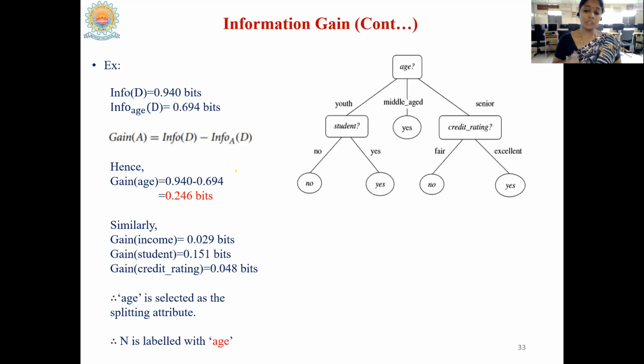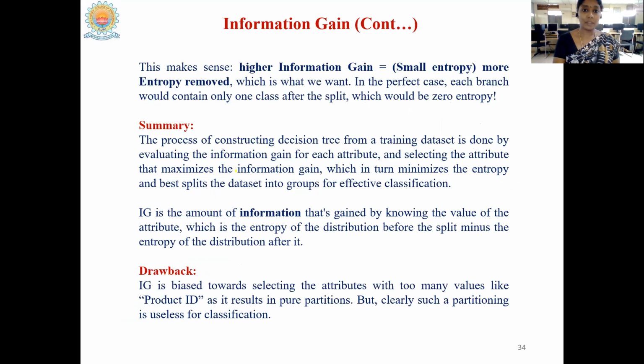Like this, we need to grow the tree. This is the process of decision tree induction. If they ask for decision tree induction, you need to write the algorithm, explain it, and mention the measures. If they ask for any specific measure, you need to go through that measure along with this example, which we discussed yesterday.